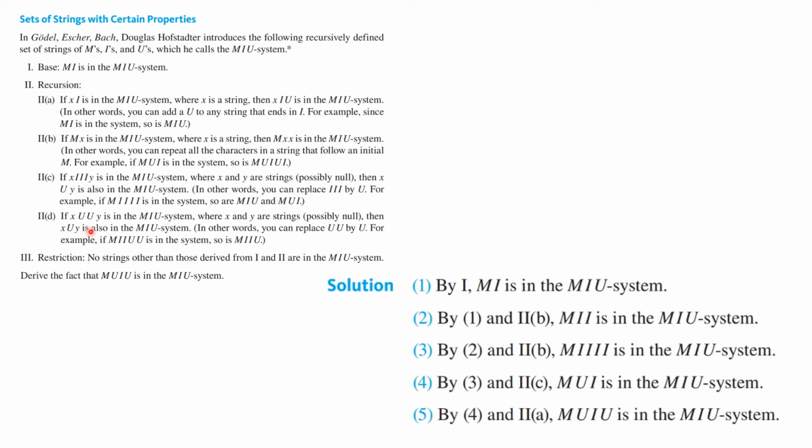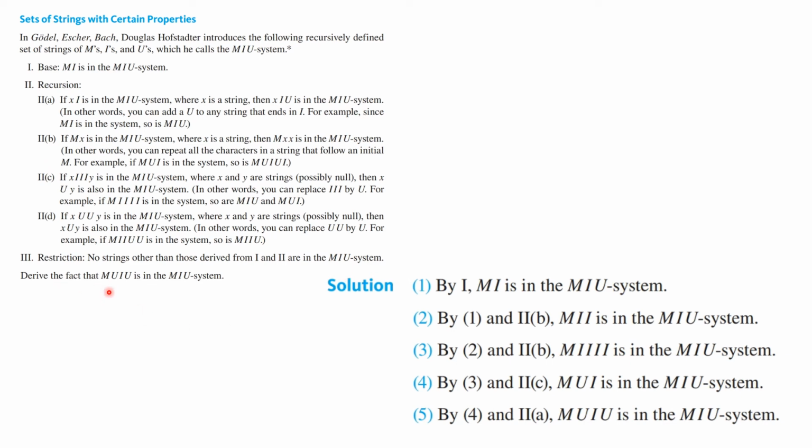And if XUUY is in the MIU system, where X and Y are strings, possibly null, then XUY is also in the MIU system. In other words, you can replace UU by U. And the restriction is no strings other than those that can be derived from these rules are in the MIU system.